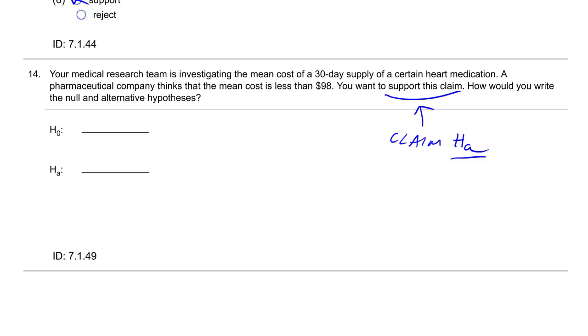So mu less than 98 is exactly what I want in the alternative, and mu greater than or equal to 98 is in the null. By having my claim in the alternative, I get the support mode.